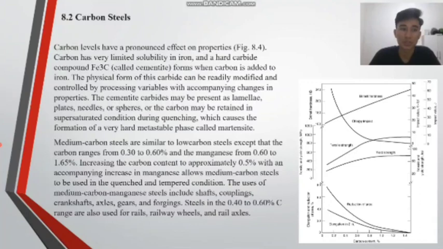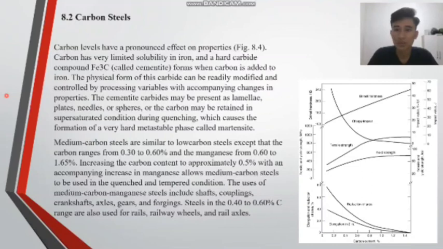8.2 Carbon steels. Carbon levels have a pronounced effect on properties. Carbon has very limited solubility in iron, and a hard carbide compound Fe3C called cementite forms when carbon is added to iron.